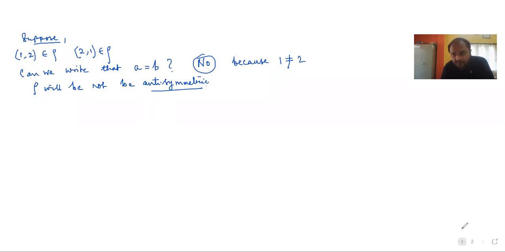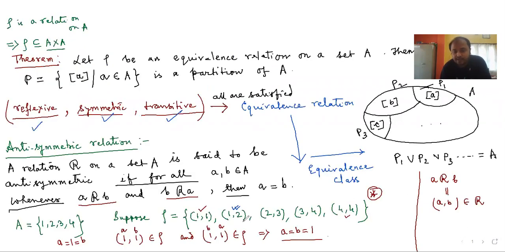Now you see, in this particular case, (2,1) is not present. So this possibility of not being antisymmetric is not occurring. For (2,3), (3,2) is not present. Its twin is not present, so not being antisymmetric is not occurring. For (3,4), its twin (4,3) is not present, so not being antisymmetric is not occurring.